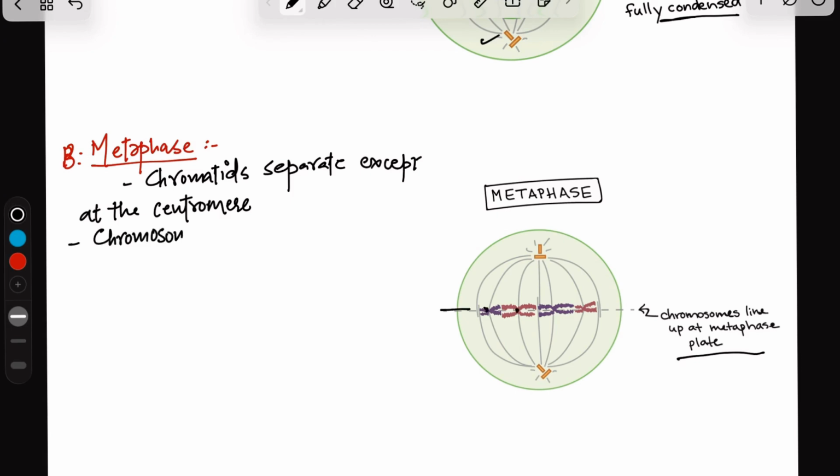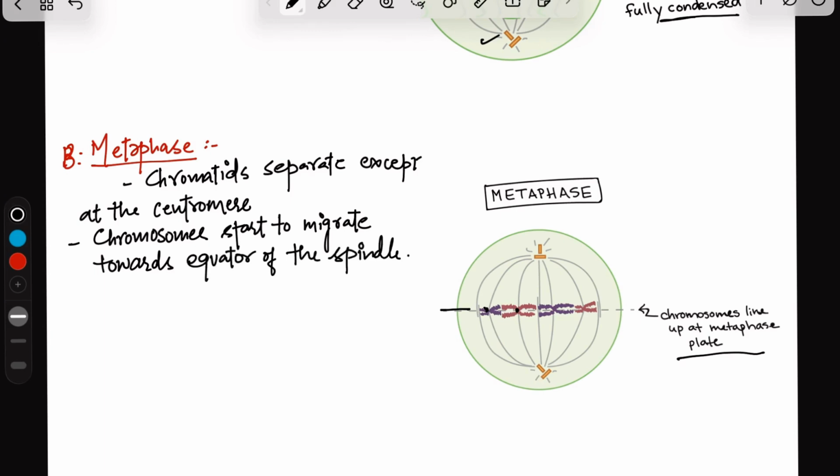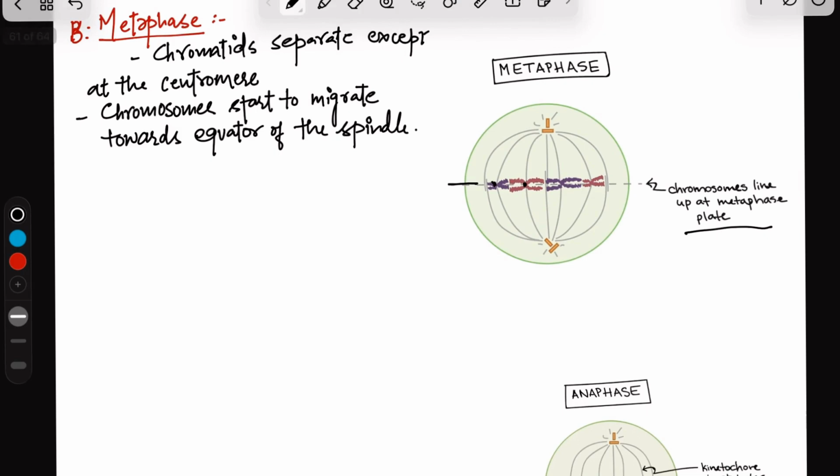That means chromatids separate lengthwise, but except at the middle centromere they stay connected. Chromosomes migrate towards the equator of the spindle and arrange such that centromeres are at the equator. Centromeres stay attached to spindle fibers.